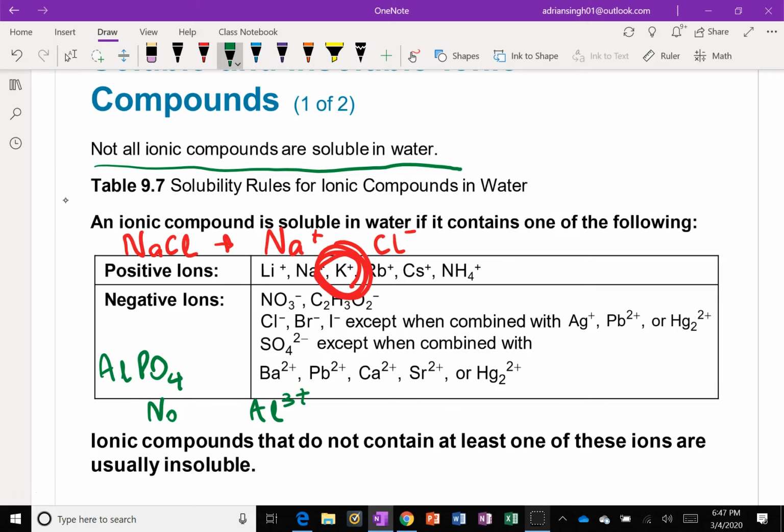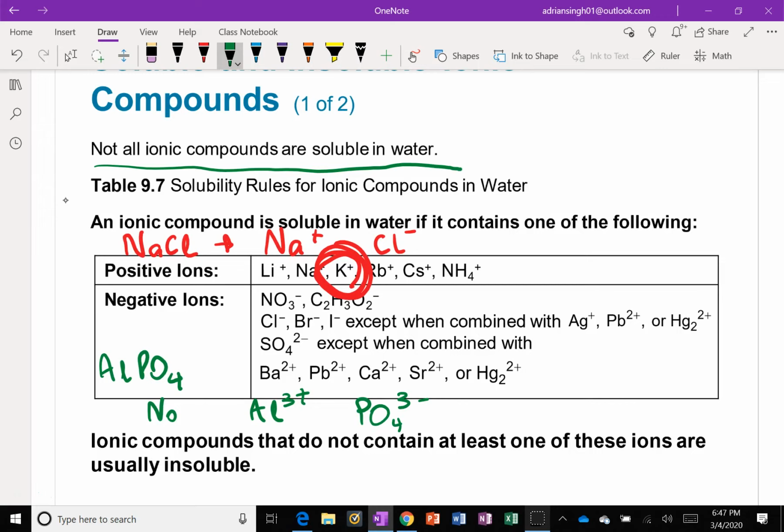No, because the aluminum is not on the chart. Is aluminum the only thing in our formula? PO4, what's the name of PO4? Phosphate. So we don't see aluminum or the phosphate on the chart.